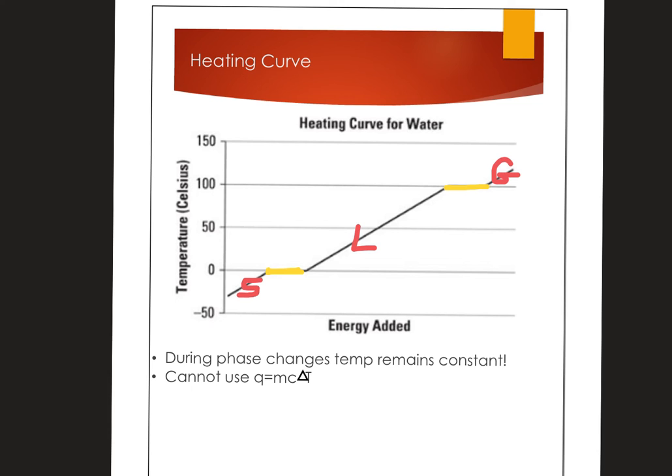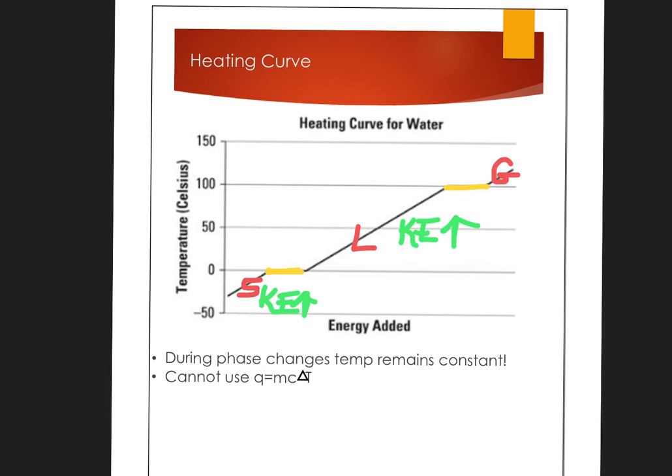We defined temperature as the average kinetic energy of the particles. So when I have a change in temp, right here, I have my kinetic energy increasing. And I also have my kinetic energy increasing here. So anytime there's a change in temp, my kinetic energy is increasing. You're increasing temperature, particles are moving faster, they're going to collide more.